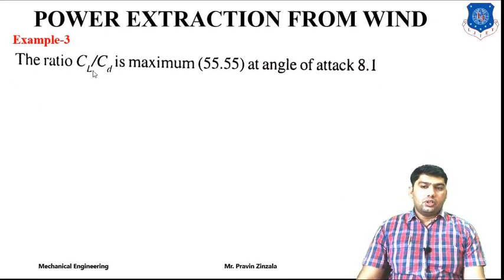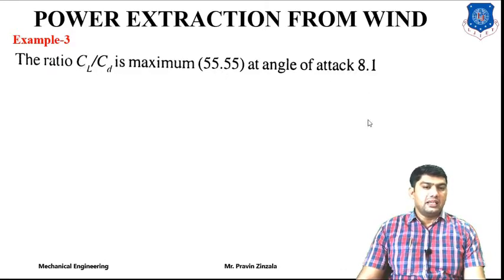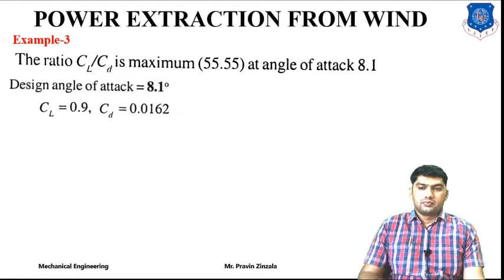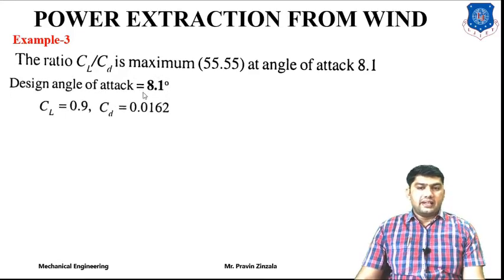Here the ratio of CL by CD is maximum, 55.55. So we take the lift coefficient, drag coefficient and angle of attack at 55.55, and the angle of attack will be 8.1. So by comparing the ratio, we will take the value. Design angle of attack will be 8.1. So our first answer is 8.1.